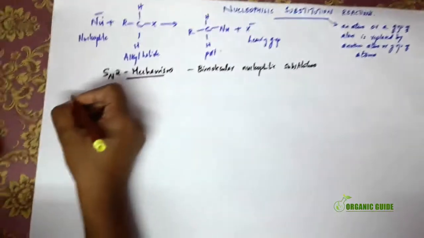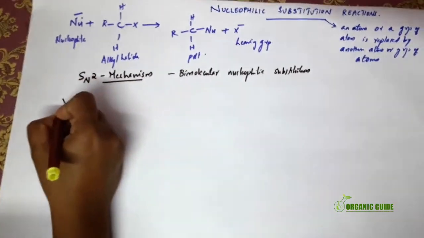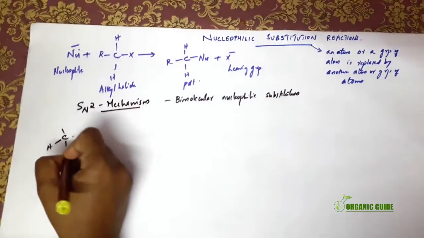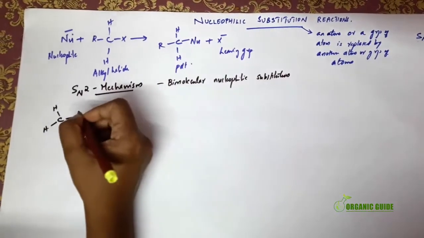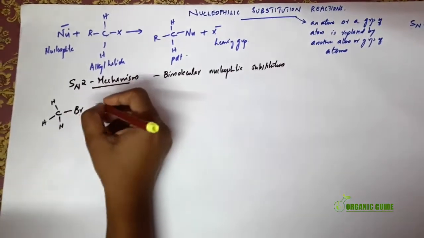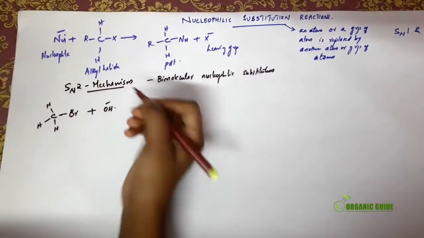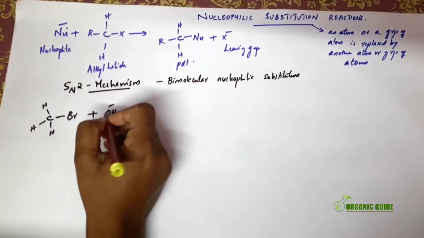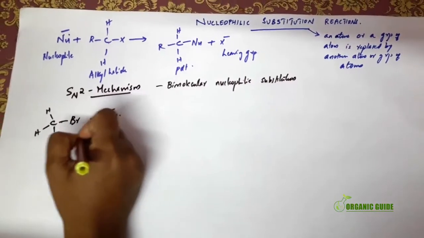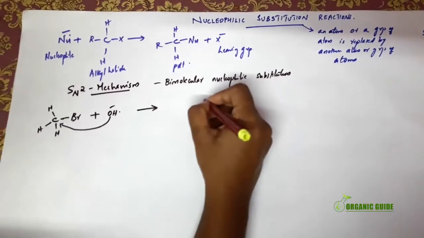So we are taking the substrate, that is alkyl halide. Here I am taking methyl bromide. When it reacts with a nucleophile, that is OH minus, what will happen? This OH minus will go and bind with carbon and form a transition state.